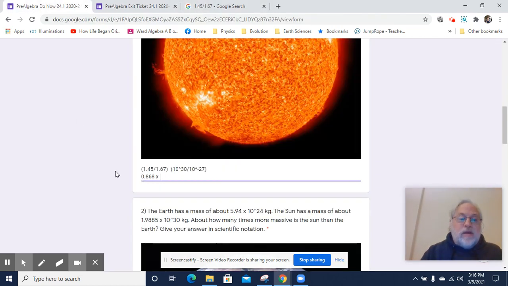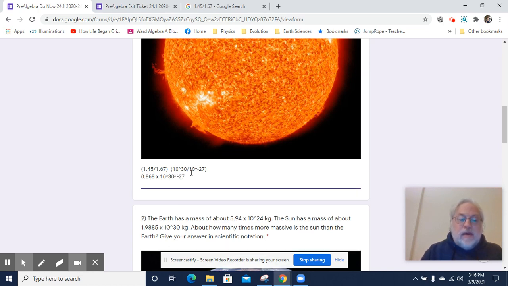And then over here, we're going to be times 10 to the 30 minus negative 27 power, which is going to be 10 to the 57th power. So it's going to be 0.868 times 10 to the 57th power.